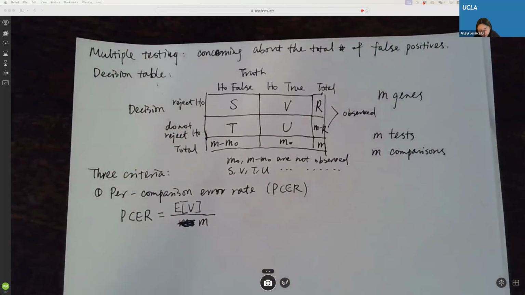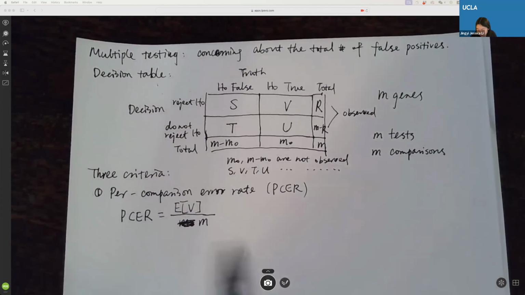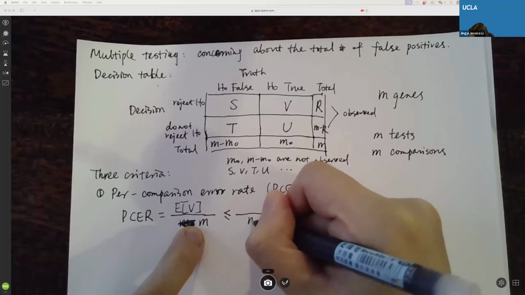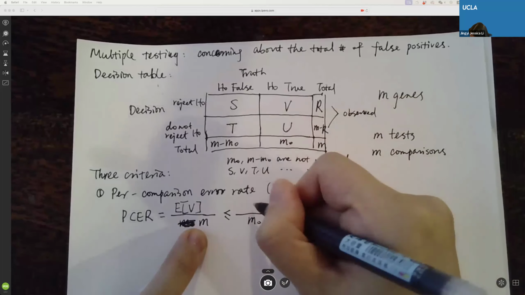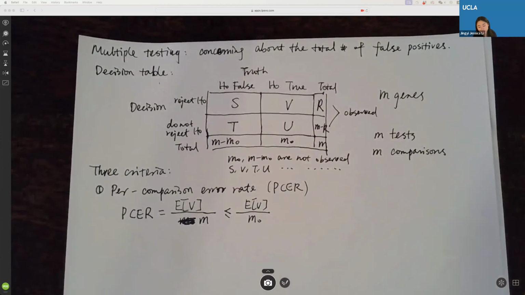But as we know, n cannot be greater than m0. m0 is just a subset of the m comparisons. So we can have this less or equal than EV divided by m0, which is the expected number of false positives out of true negatives.